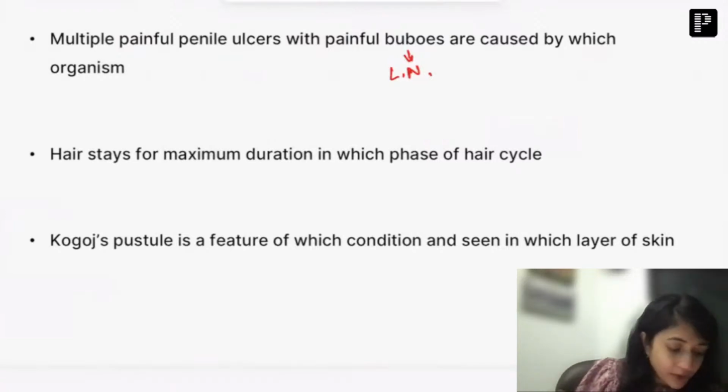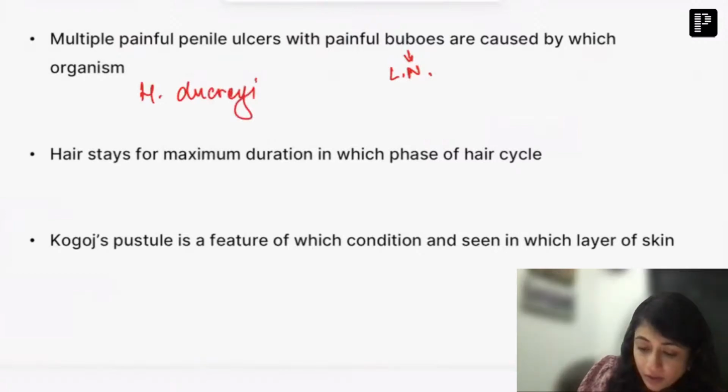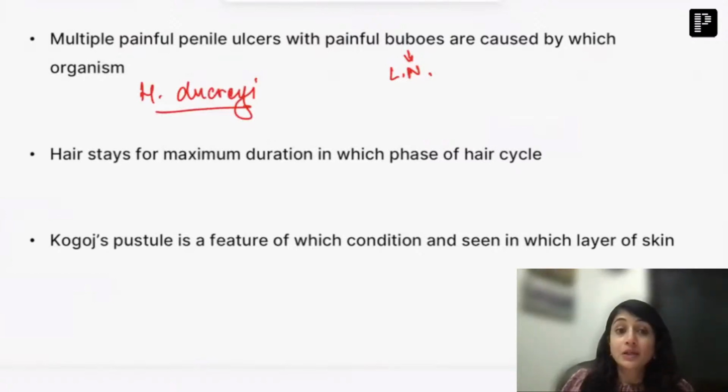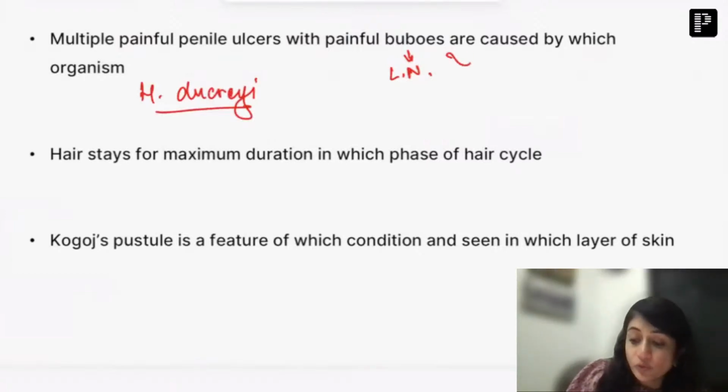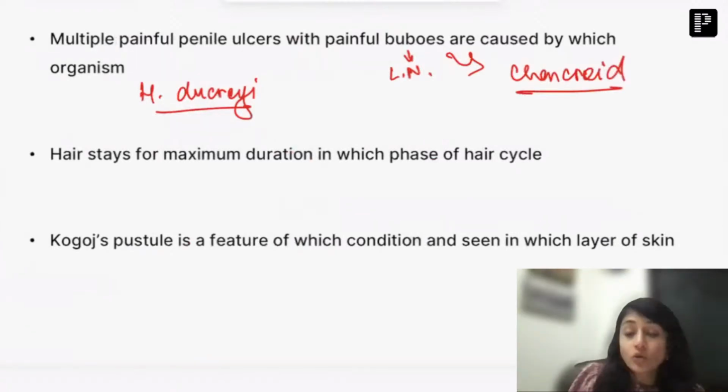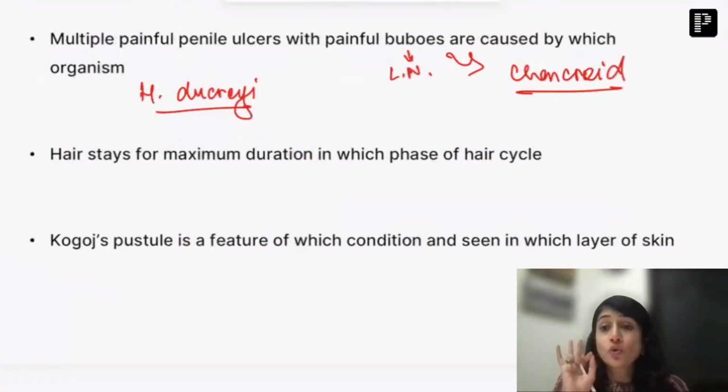Yes, Dr. Vidhi, you're right. This is Haemophilus ducreyi. When you get a question like this, painful penile ulcers, multiple with painful buboes, I am definitely talking about chancroid. And chancroid is caused by Haemophilus ducreyi. Quickly, let me revise it for you. LGV does not present with ulcer. Ulcer is transient there, and you just get painful buboes. Donovanosis presents with beefy red granulomatous ulcer. It does not have lymph node involvement.